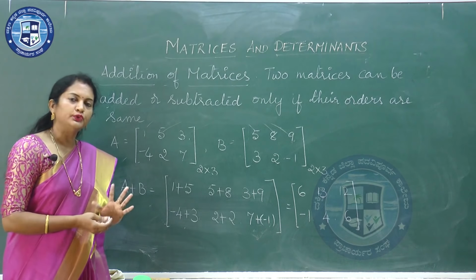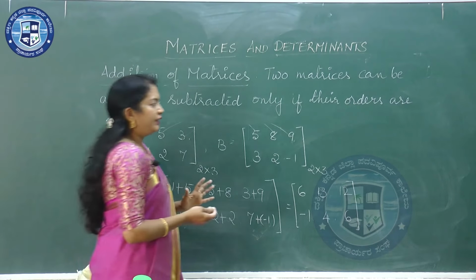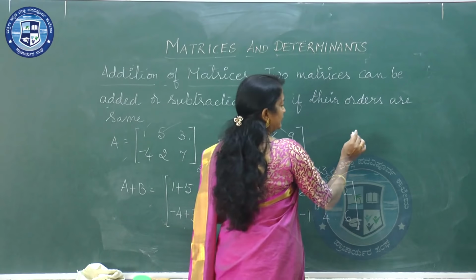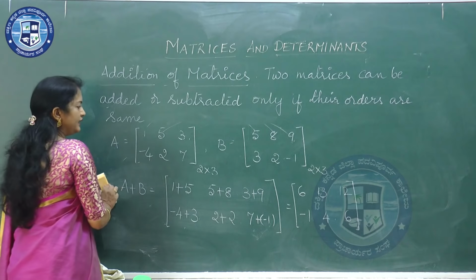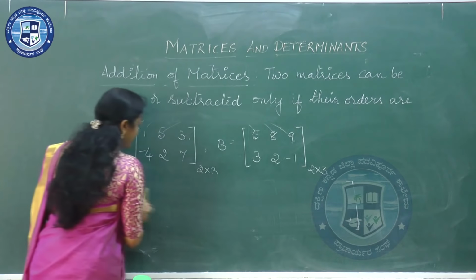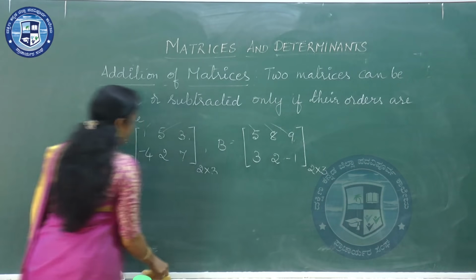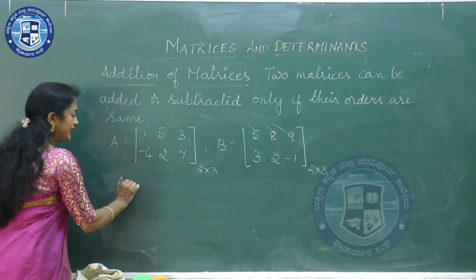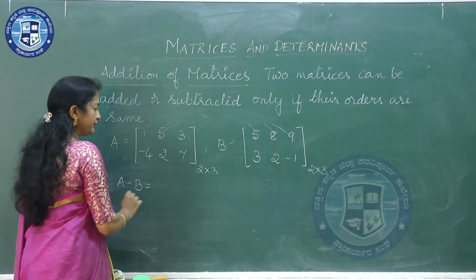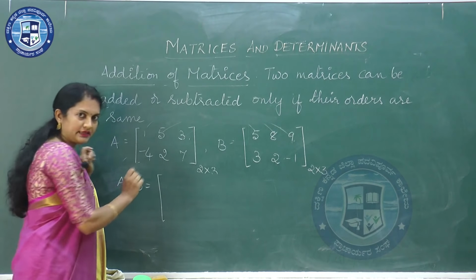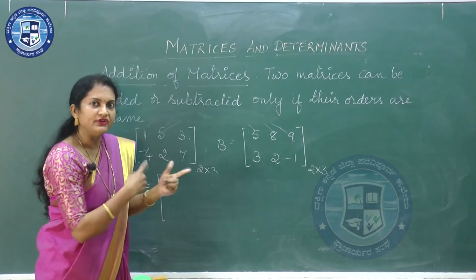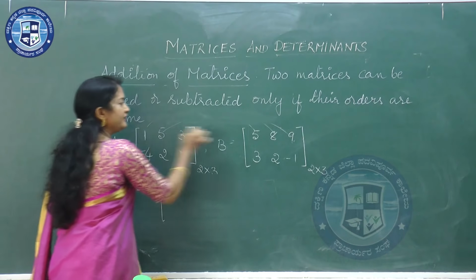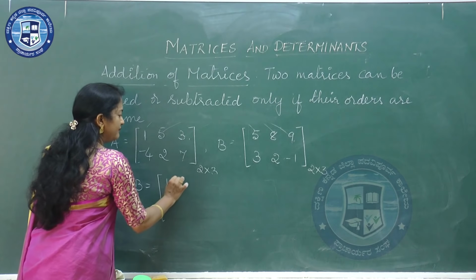Likewise, we will do the subtraction also. If you have to find the difference of these two matrices, how will we do it? If you have to find A minus B, again the same thing: corresponding elements we will take the difference of, 1 and 5. 1 minus 5.